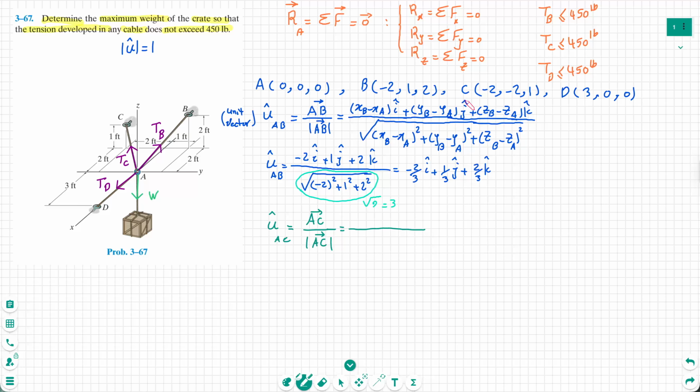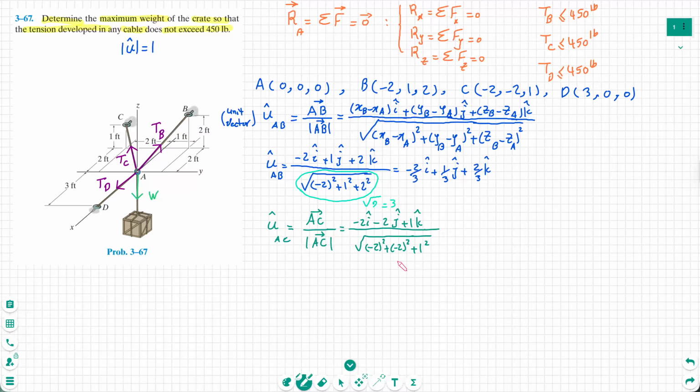Again, because A has 0, 0, 0, it is negative 2 i hat minus 2 j hat plus 1 k hat divided by the square root of negative 2 squared plus negative 2 squared plus 1 squared.